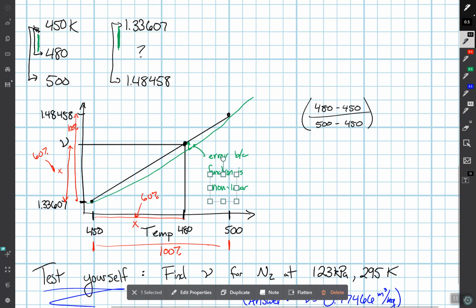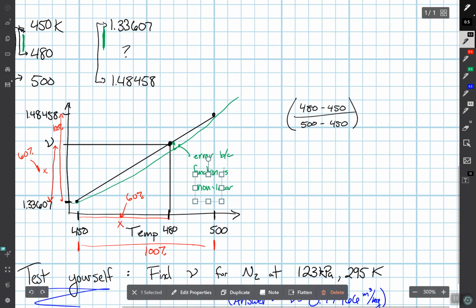So if we want to know how far away we are from the bottom number, 1.33607, we're going to be 1.33607 plus 60% of the way to the top.